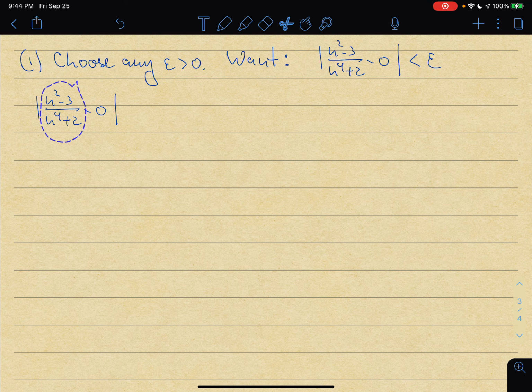And because I'm taking the limit when n goes to infinity, I don't really care about what my expression does when n is small. All right, so I can drop the absolute value. So I'm going to write here, n is greater or equal to 2.